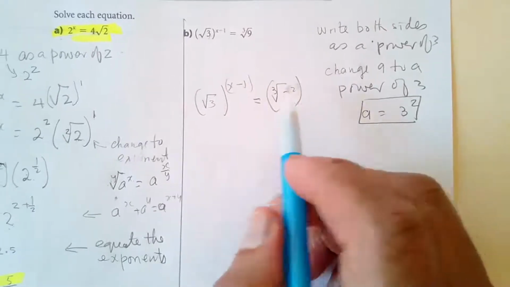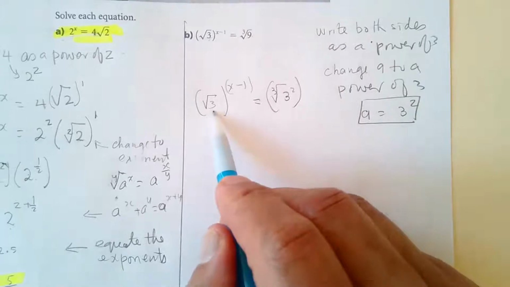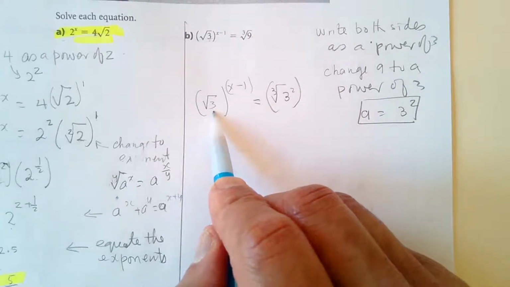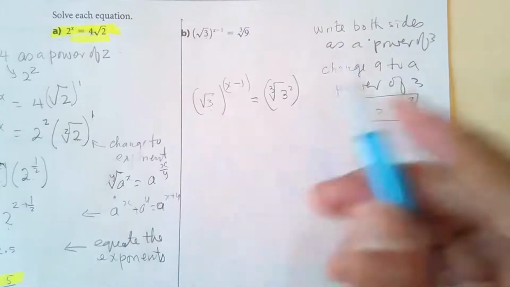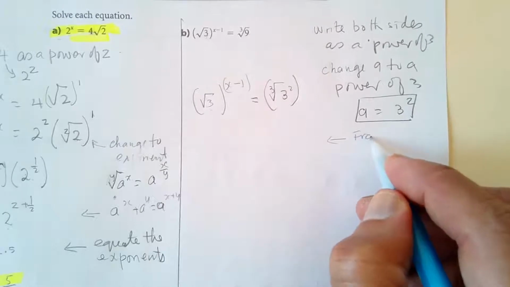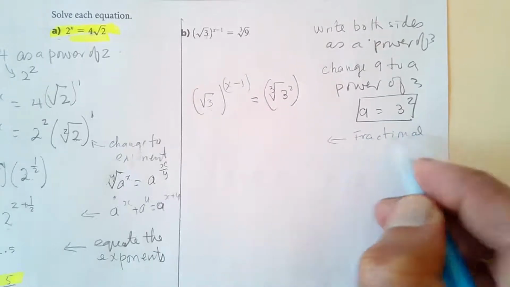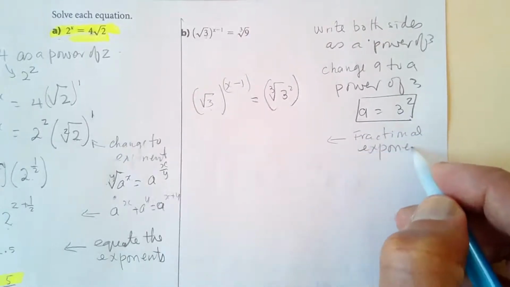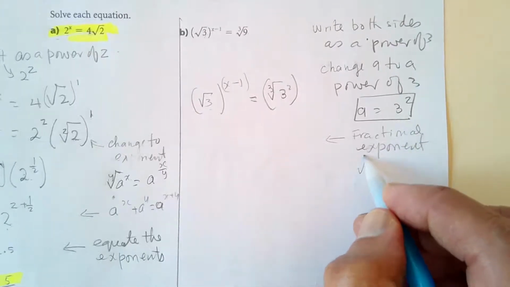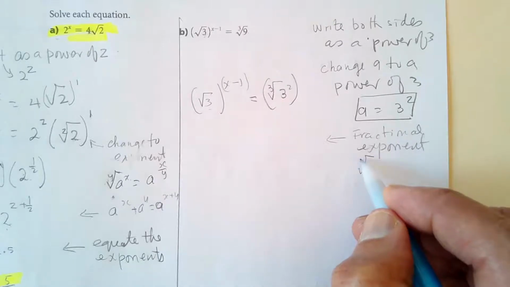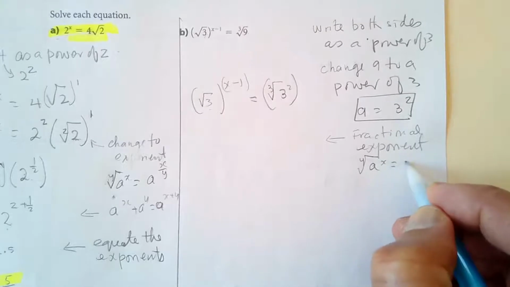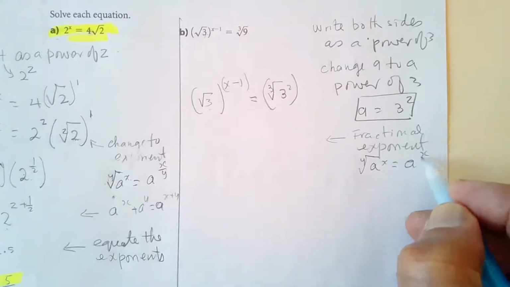Now, for both of these, I am going to use the fractional exponent rule, which is the y-th root of a to the x is equal to a to the x over y.